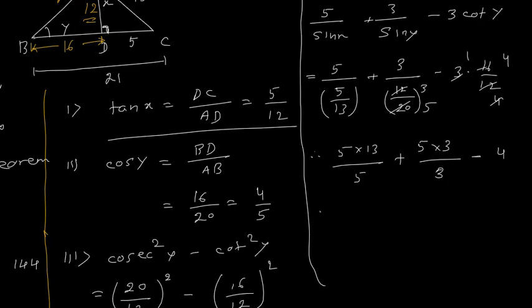Now this 5 and 5 will cancel, so here I have 13, plus this 3 and 3 will cancel, here I have 5, minus 4. So 5 minus 4 is 1 and 13 plus 1 is 14. So the result is 14.